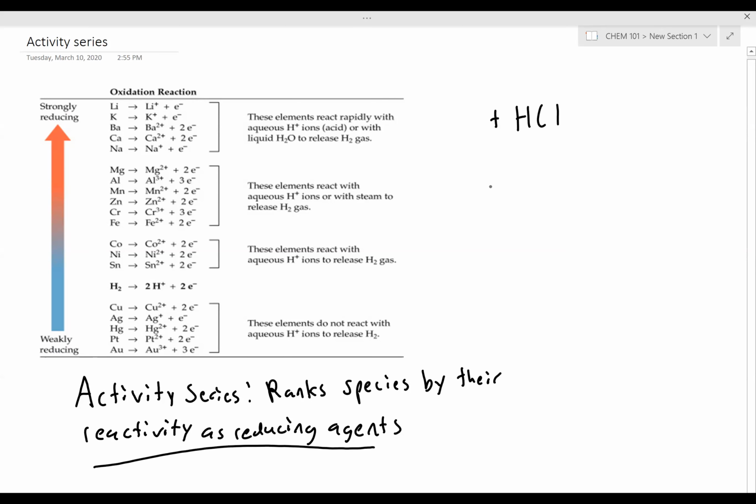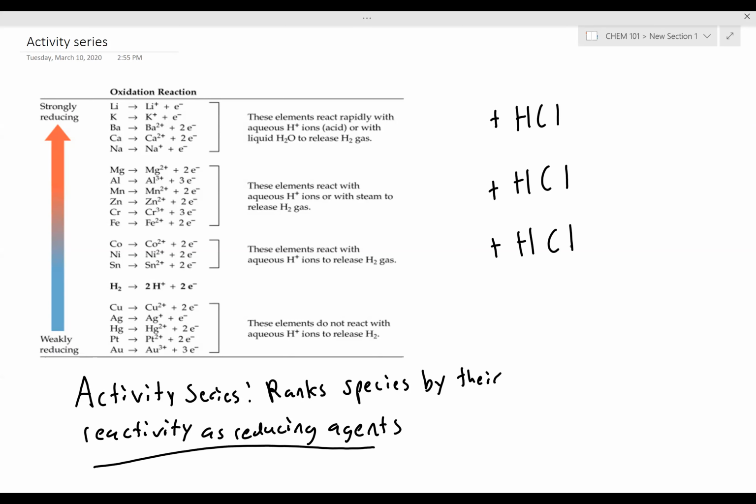Okay, let's now talk a little bit about this. What metals are we reacting with hydrochloric acid in this experiment? This is really important.